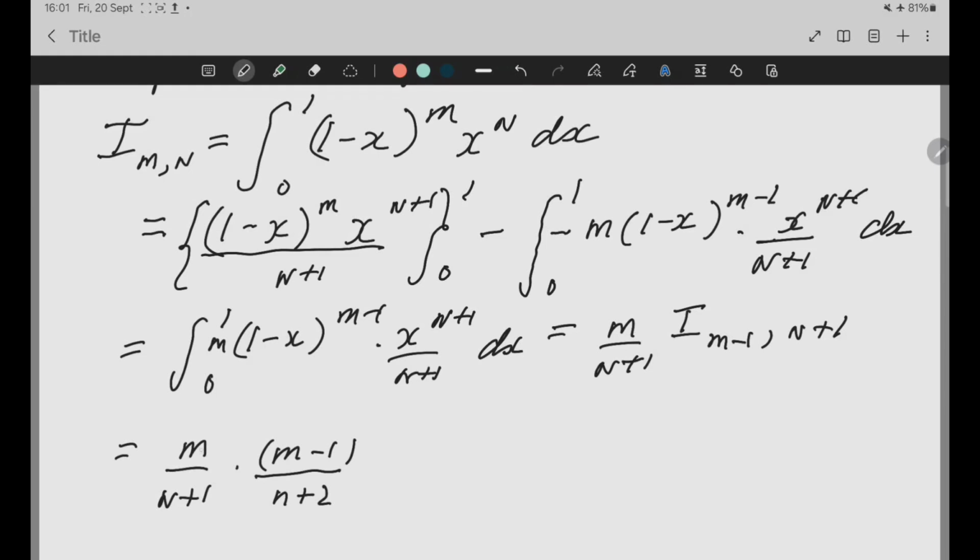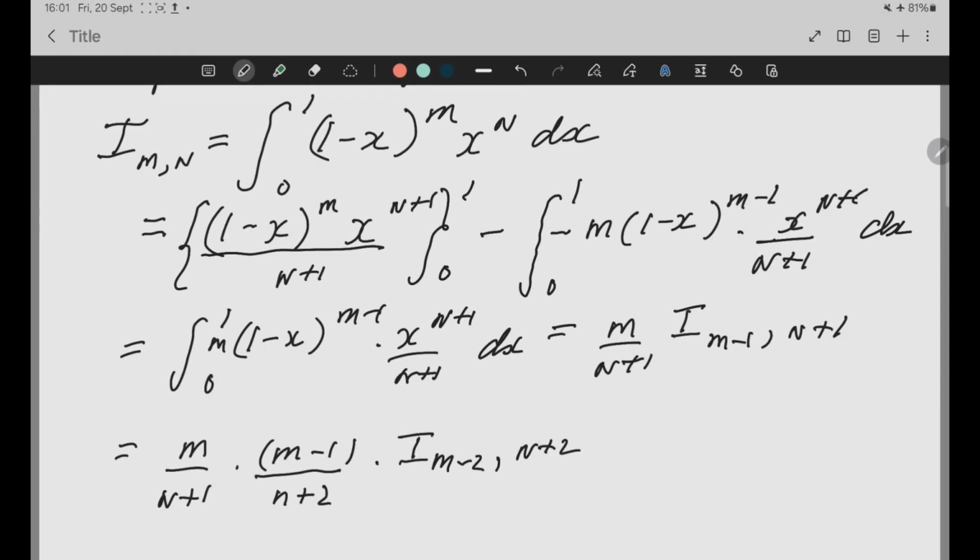If you look at the first term, the top and the bottom add up to m plus n plus 1, and the same should apply to the second term. m plus n plus 2 minus 1 is m plus n plus 1. Okay? And then the integral part will be I, that goes down by 1, which is m minus 2, and the other part will go to n plus 2.